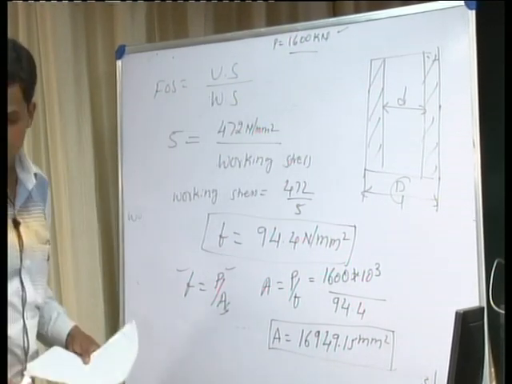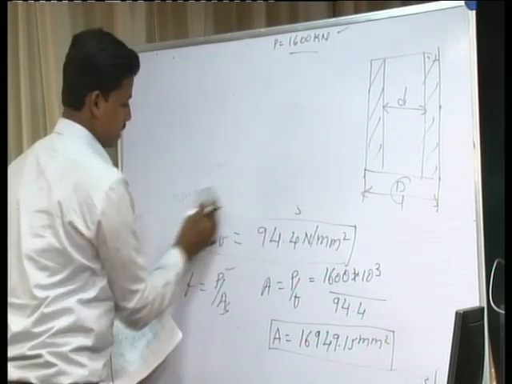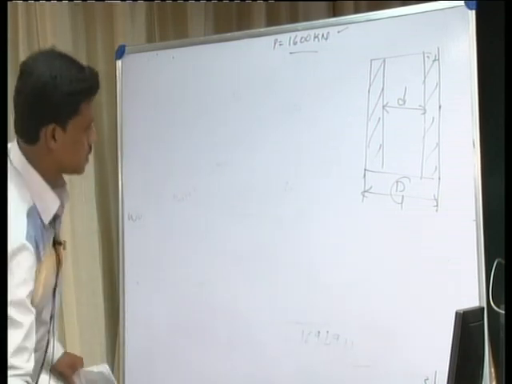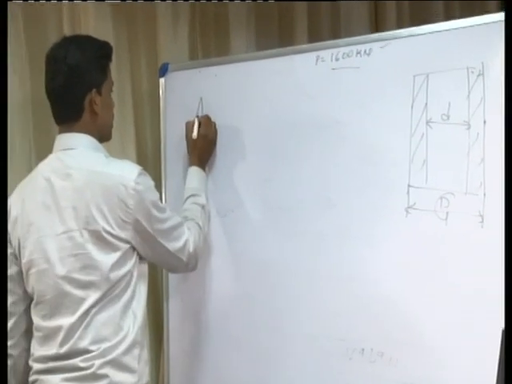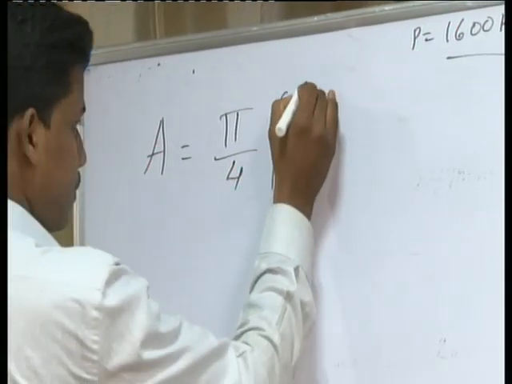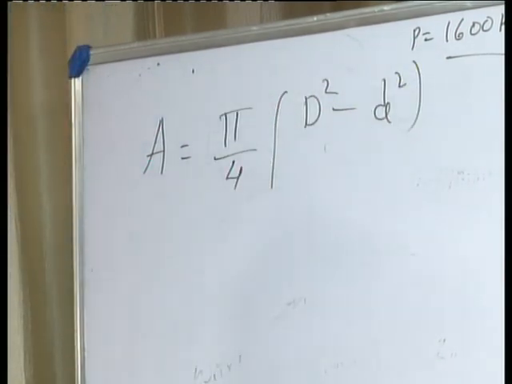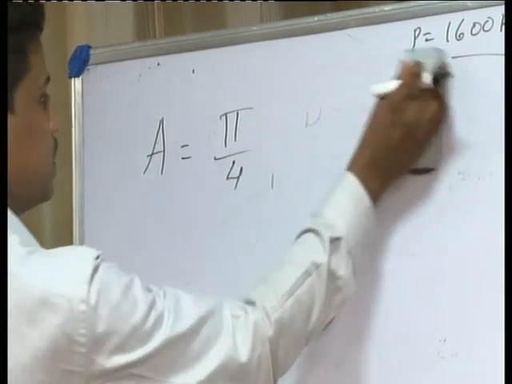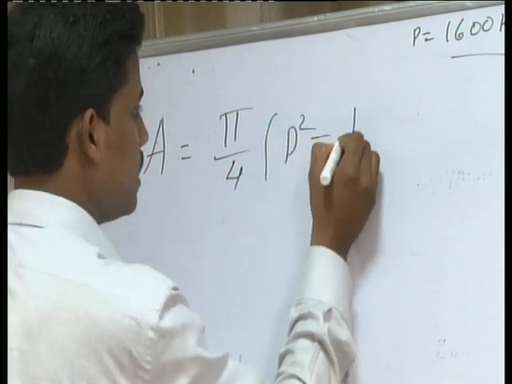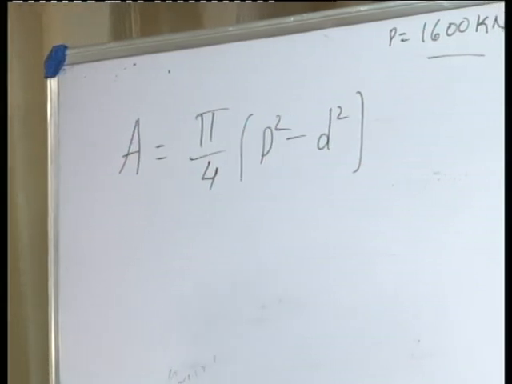So if you know this area, here an internal diameter is given. The area of a hollow section is pi by 4 into capital D square minus small d square, where capital D is the external diameter and small d is the internal diameter.